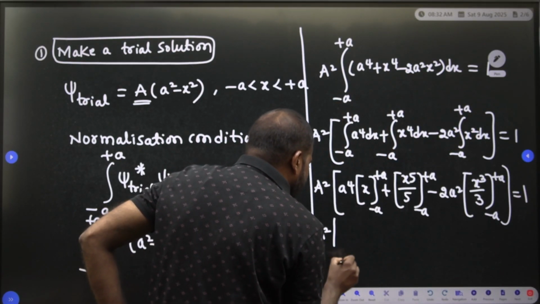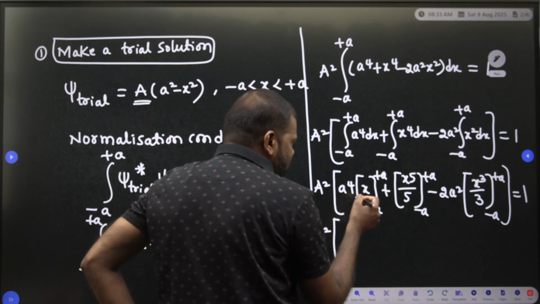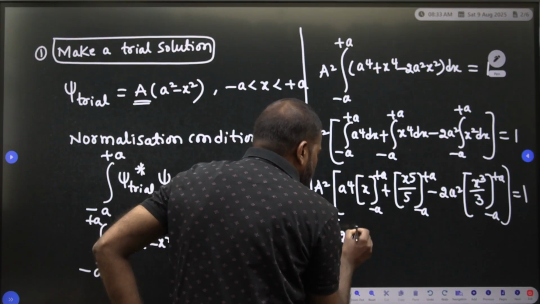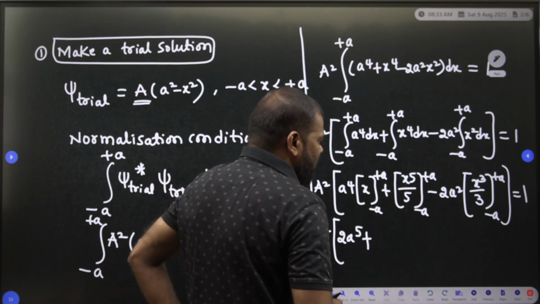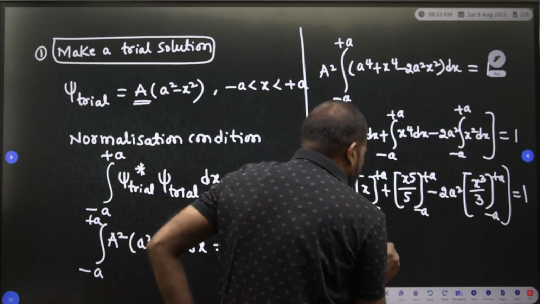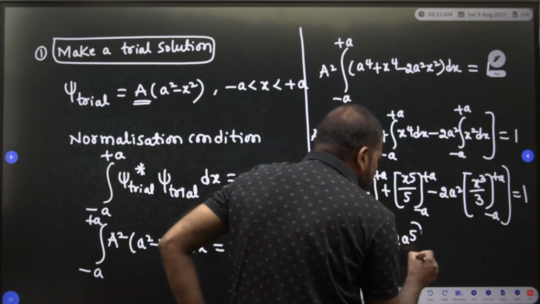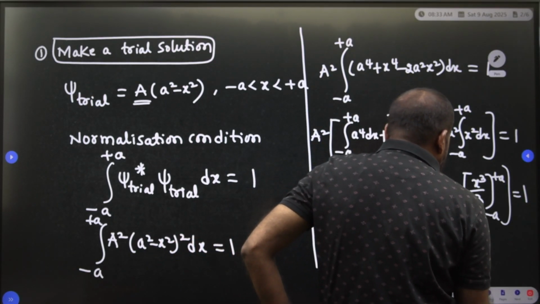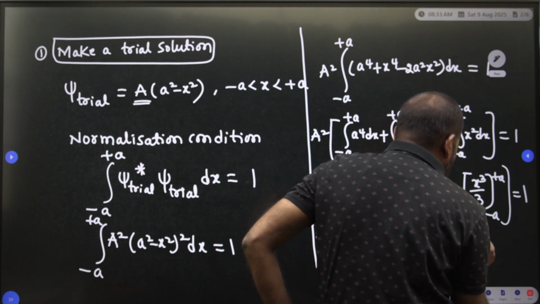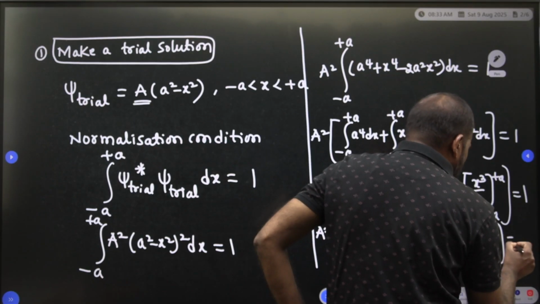Now, A square into, so a plus a minus of minus a, 2a to the power of 5, plus 1 by 5 into 2a to the power of 5, minus 2a square into 2 by 3 into 2a cube, which is equal to 1.